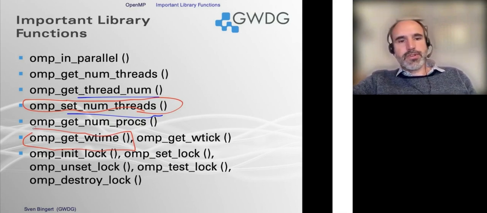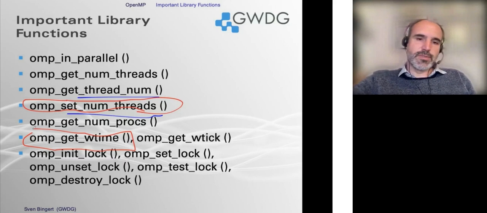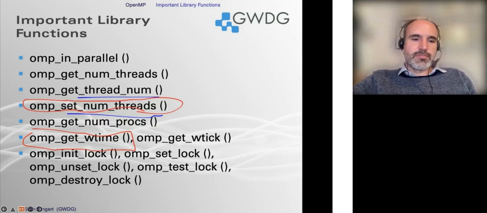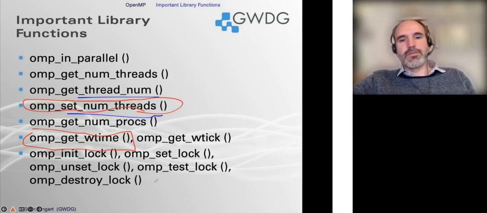There is a library function to get the current wall time, and if you do it twice, you can calculate the runtime of the code, or the part of the code you're interested in. The lower part with the lock is pretty similar to pthreads, where you can manually lock specific things, and I would skip this here because it would be too much for today.